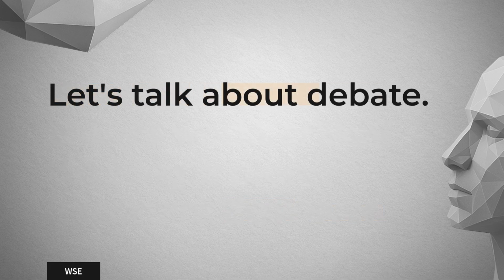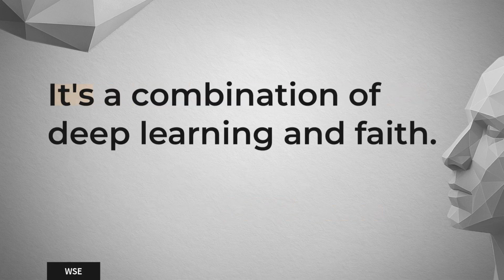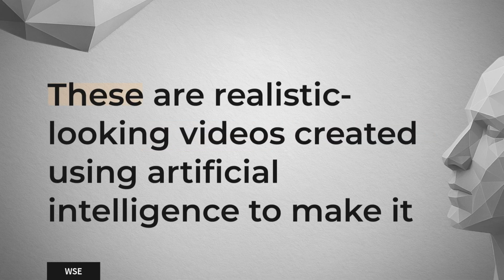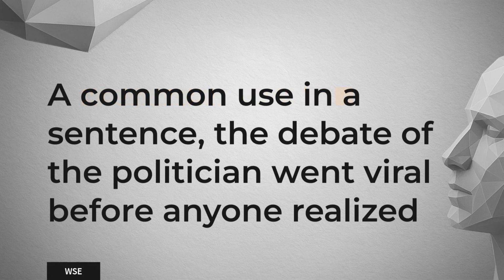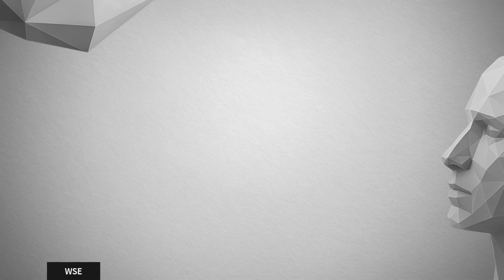Let's talk about deepfake. It's a combination of deep learning and fake. These are realistic-looking videos created using artificial intelligence to make it look like someone said or did something they never actually did. A common use in a sentence, the deepfake of the politician went viral before anyone realized it was fake.